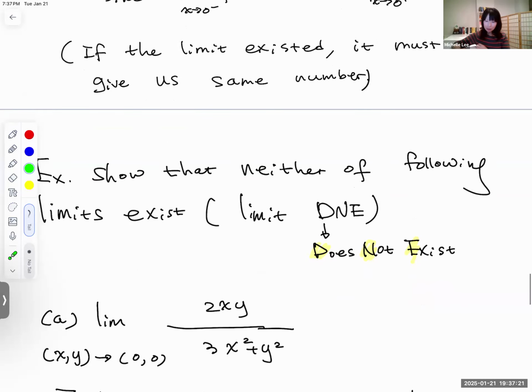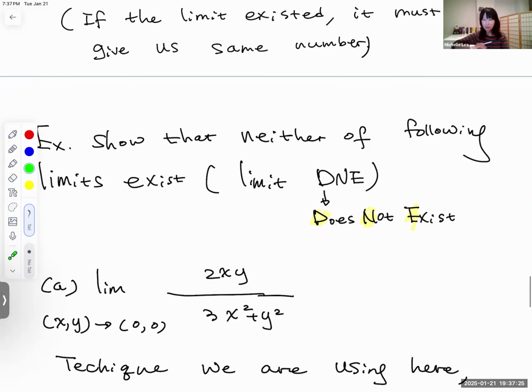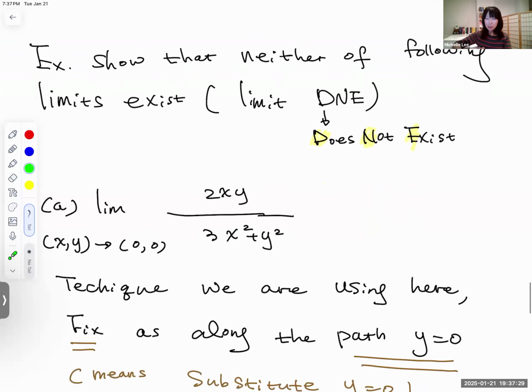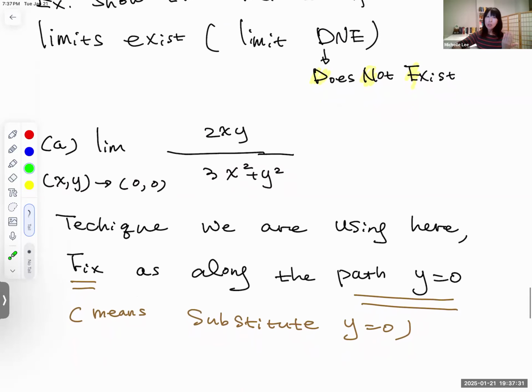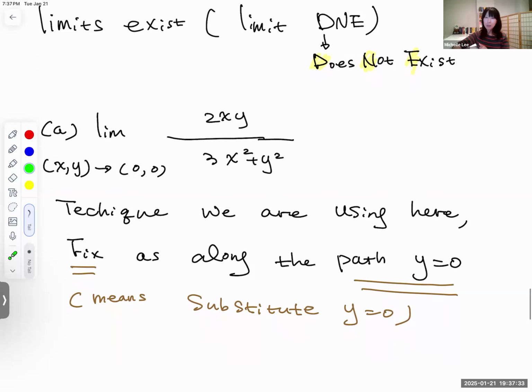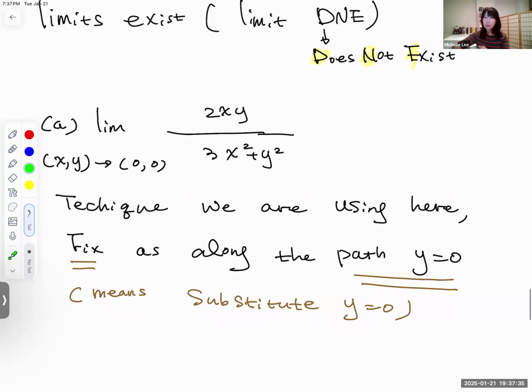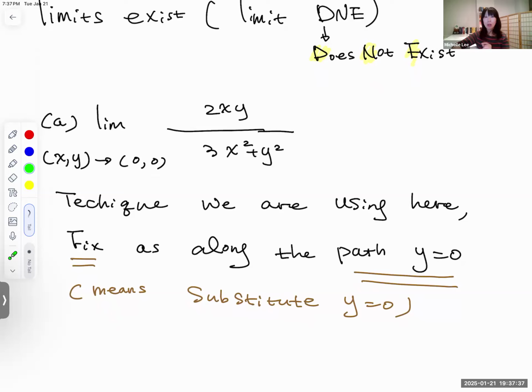So we have an example question here: 2xy over 3x squared plus y squared. So we are using a technique here. What kind of technique? Fix it along the path y equal to 0.